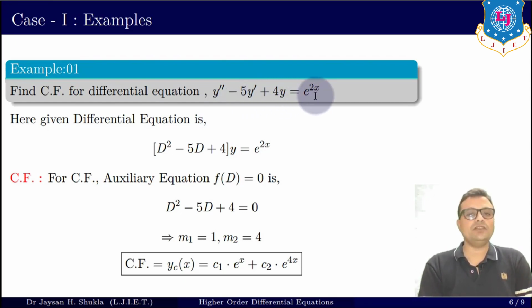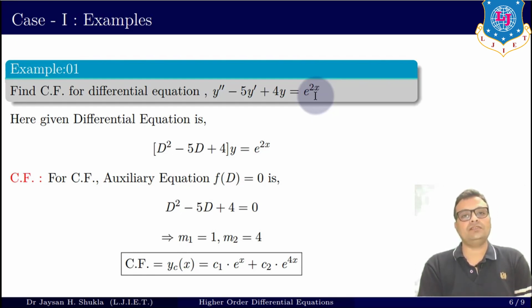It can be seen clearly over here that it is linear, it is non-homogeneous, and it is with the constant coefficients. So this is exactly falling in our higher order differential equation, constant coefficient, linear, non-homogeneous equations category.